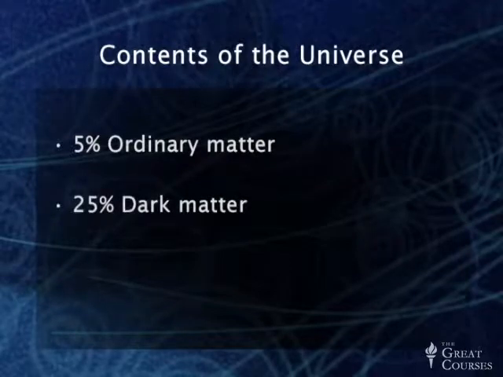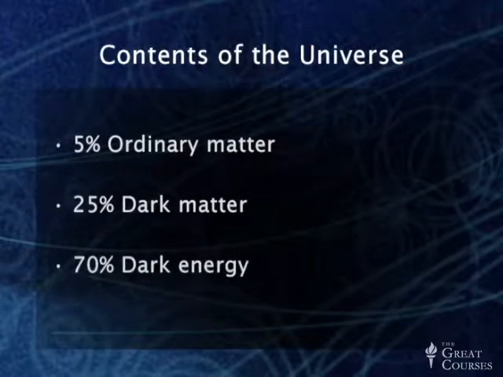About 25% of the stuff in the universe is dark matter, whatever that is. And there are some interesting proposals about what that is, but nobody knows for sure. 25% of the stuff in the universe is this dark matter. We're not quite sure what it is. But that leaves 70% of the stuff in the universe, which is dark energy. And it's the dark energy that causes cosmic acceleration, and it's the dark energy that dominates. Most of everything is dark energy.